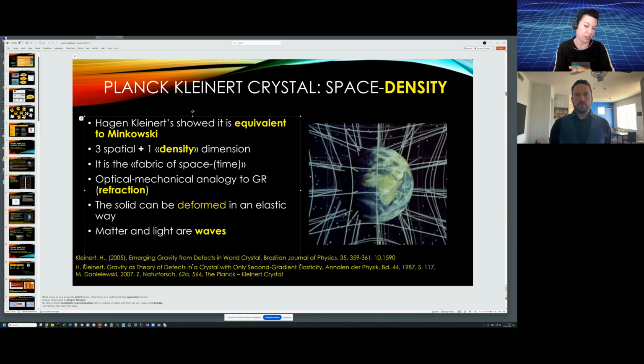And so this leads to a change in the refractive index. And now if you think about that, everything is composed of waves, matter and light, and waves bend due to the refractive index. You get general relativity and gravity out of this.